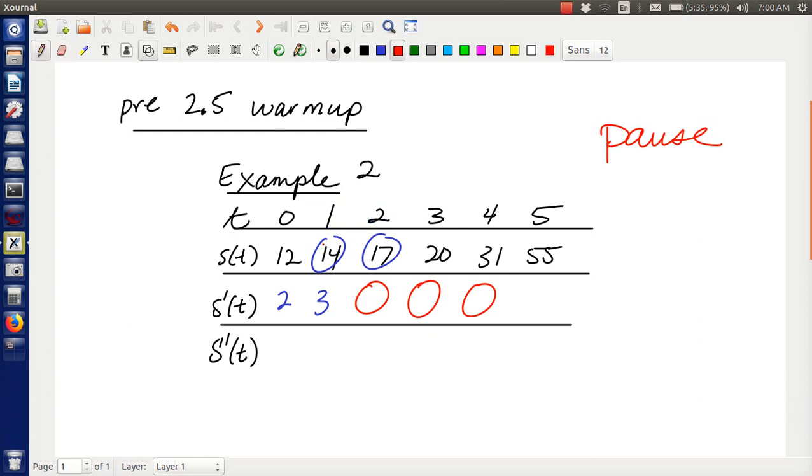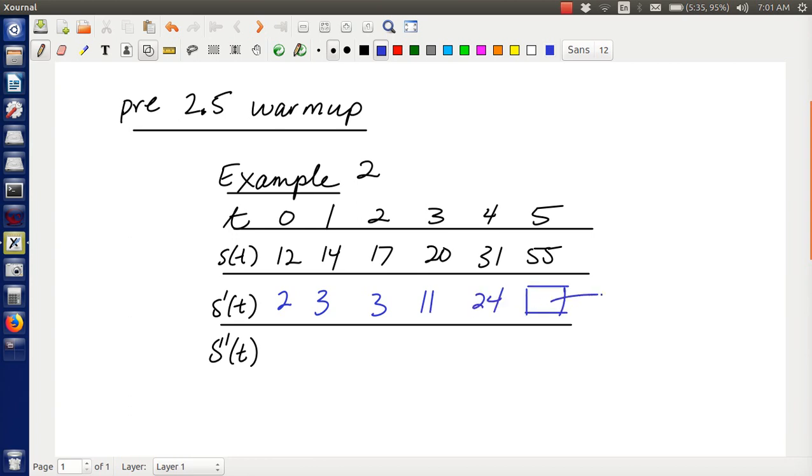Okay, hopefully you got the answers, and I'm going to put the answers in now. Those answers should be another 3, an 11, and a 24, and blank. This is a blank. Empty. Okay, now we're going to do the next one.